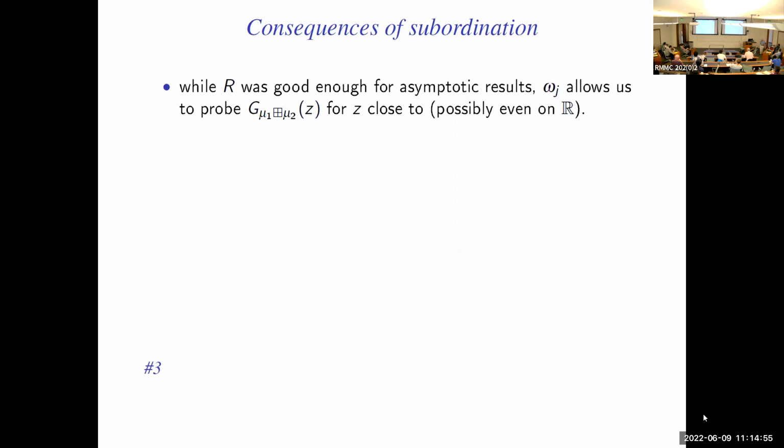Maybe I should comment on this a little bit because I started with Voiculescu. The way that Voiculescu went about this is, well, he had this function omega 1, which is defined. He worked with compactly supported measures at the time. He said, well, you have a function which is defined at infinity.